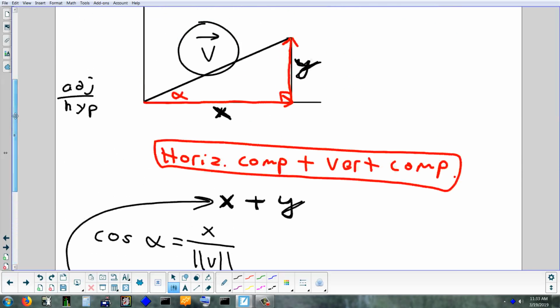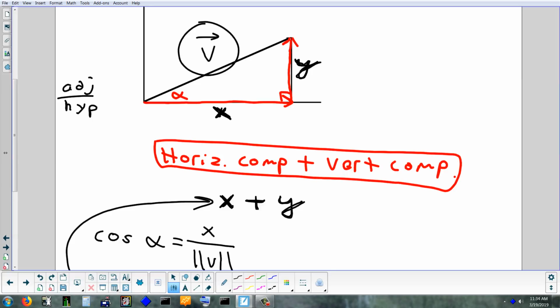Now what trig function would I use to find y? It's not going to be cosine because that's adjacent. What trig function are we going to use for y? Cosine? We already used cosine, so we have to use a different one. Sine.